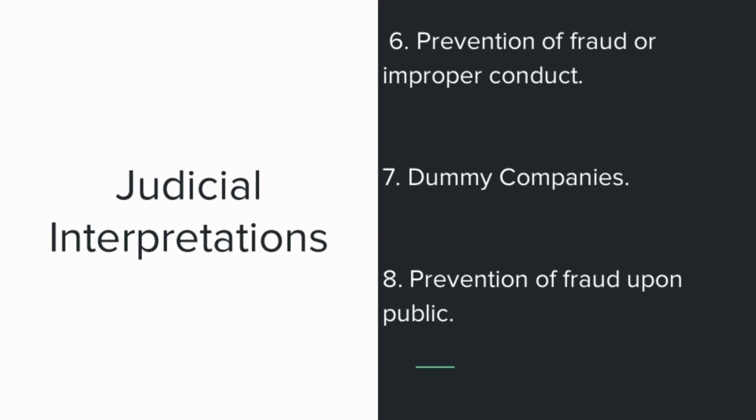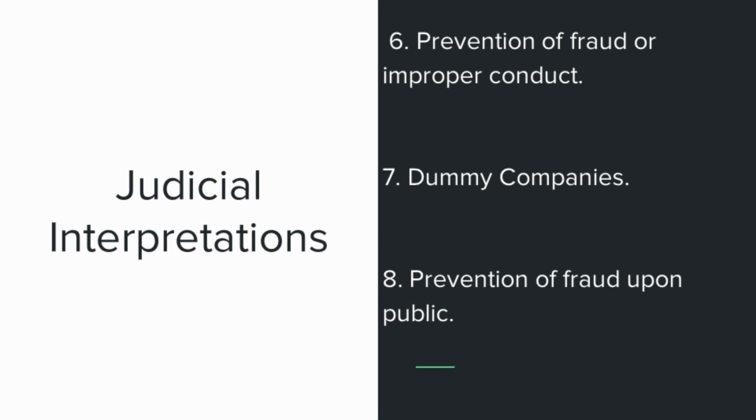Under judicial interpretation, number 1, determination of character of the company. Number 2, protection of revenue. Number 3, protection of company's own justified interest. Number 4, avoidance of legal obligations imposed by welfare legislations.